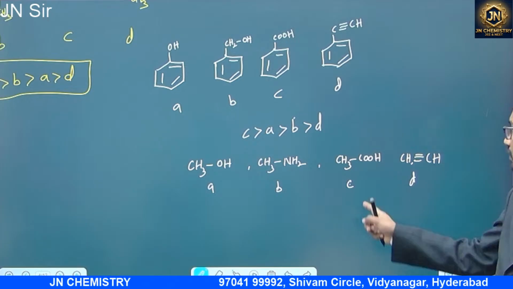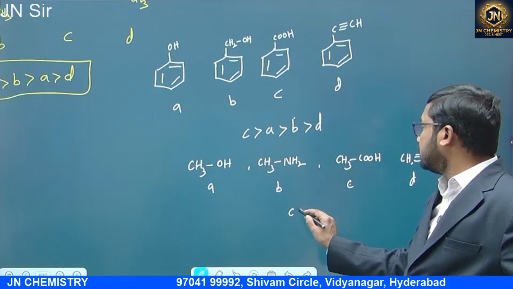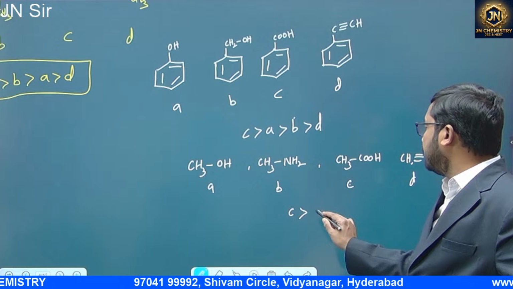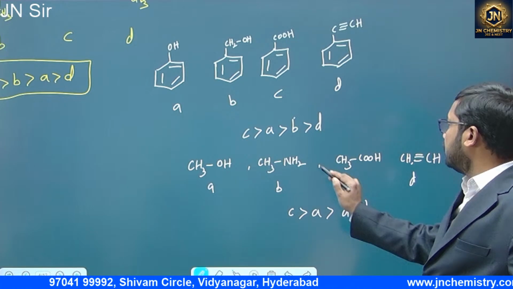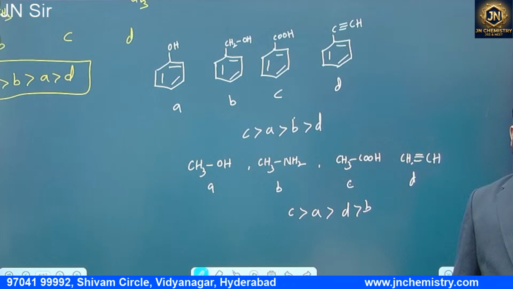First COOH, C, then A, then D, then B. This is methylamine, right? Least.